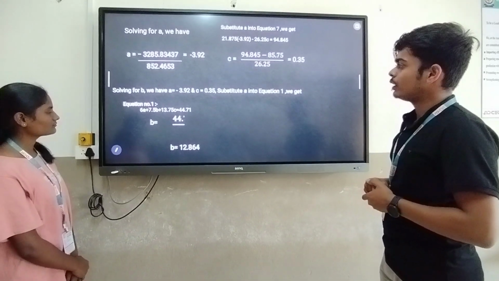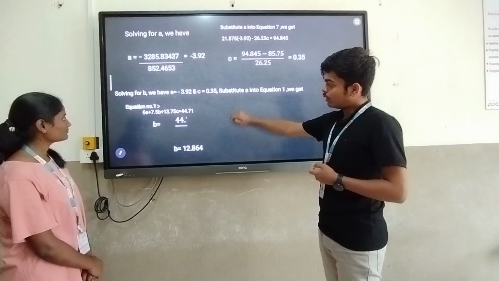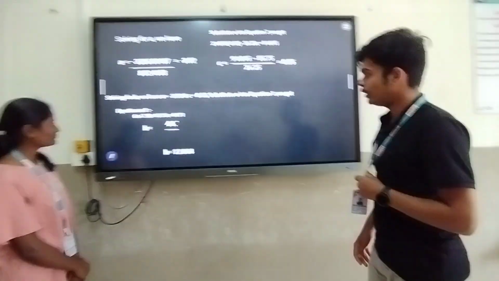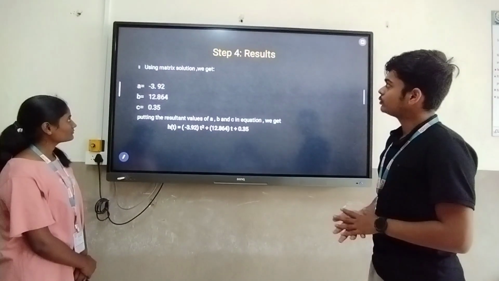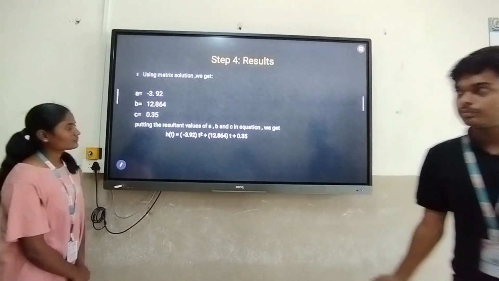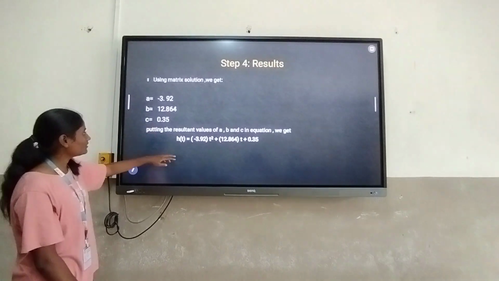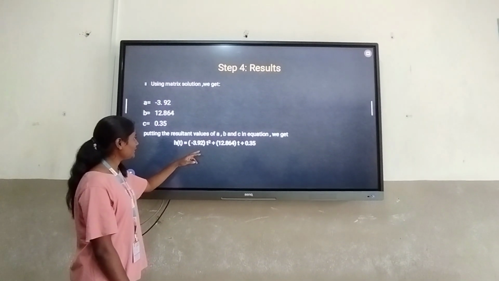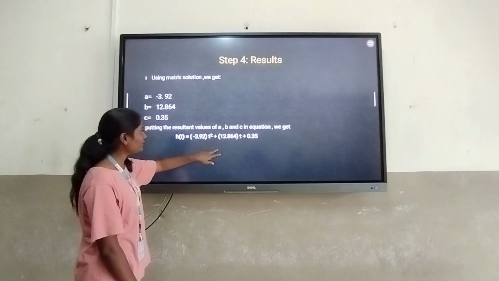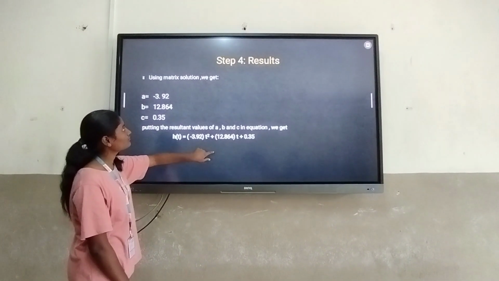Now we have to find the value of B. Using equation number 1, the value of B is 12.864. Using the matrix solution, we get the A, B, C values. Then h(t) is equal to minus 3.92t² plus 12.864t plus 0.35.